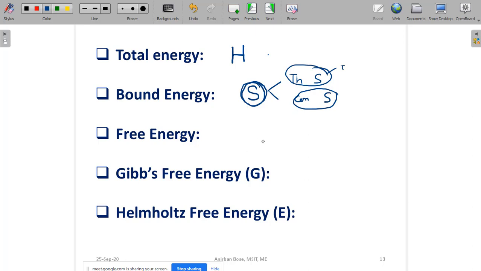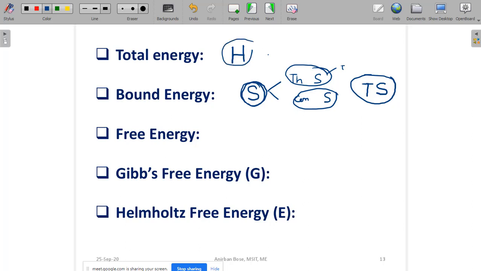So this energy is called bound energy, and bound energy is measured as temperature in Kelvin times total entropy S. Total entropy means both configuration and thermal entropy. So TS is a measure of the bound energy, and it cannot be extracted from the material.